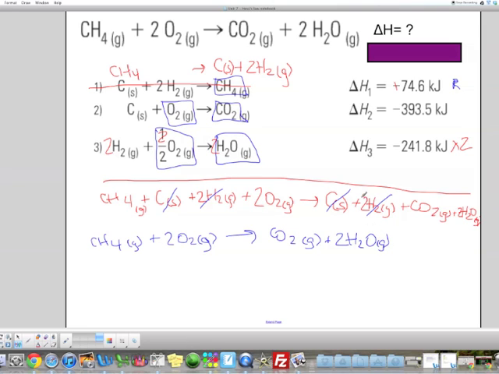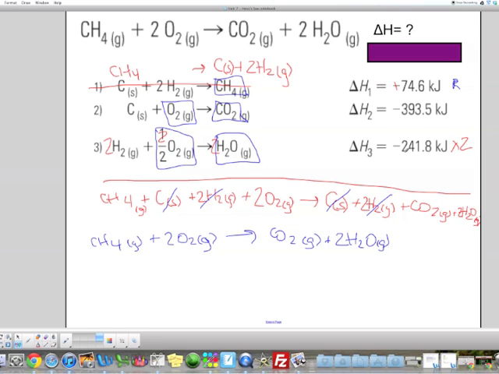Now, is this what I was looking for? Yes, it appears to be. So I know I did my job right, therefore my energies should add up and give me whatever I'm looking for. So I would do plus 74.6 minus 393.5 plus this value times 2.